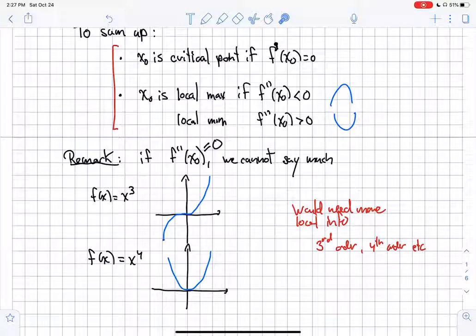It's an inflection point. And if I have x to the fourth, the derivative is also 0 at 0, so 0 is a critical point, but clearly I have a local min. So you need more information in the case that the second derivative is 0.